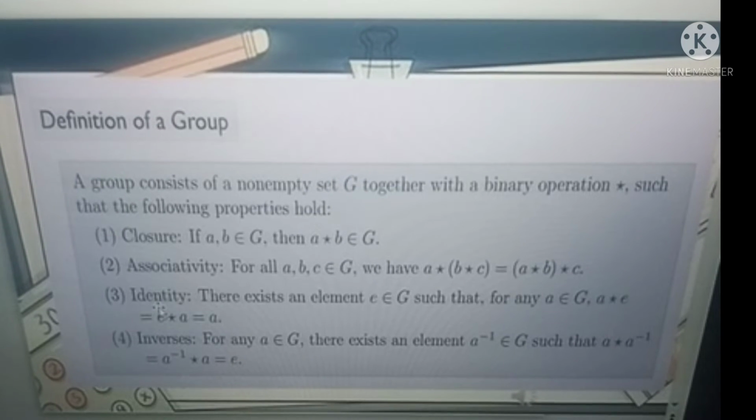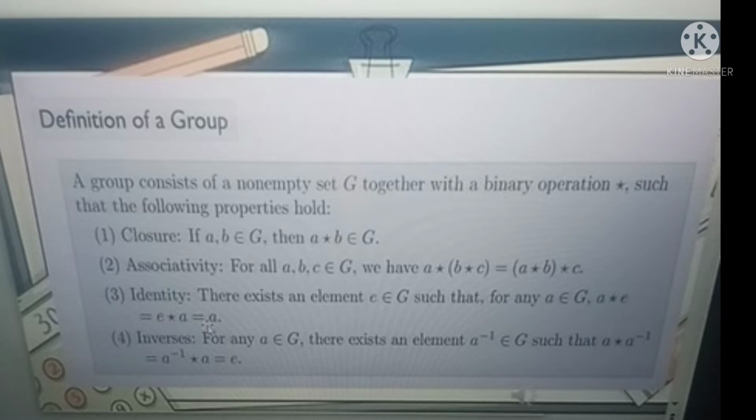The third one, identity. There exists an element E in group G such that for any A belonging to the group G, E star A is equal to A star E, which is equal to A. So E here is the identity.